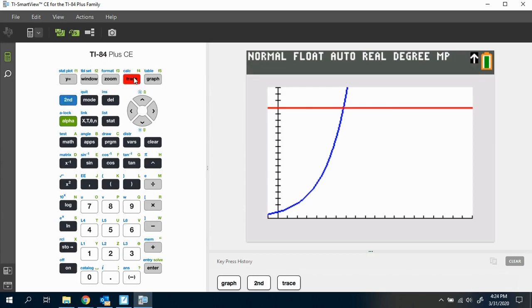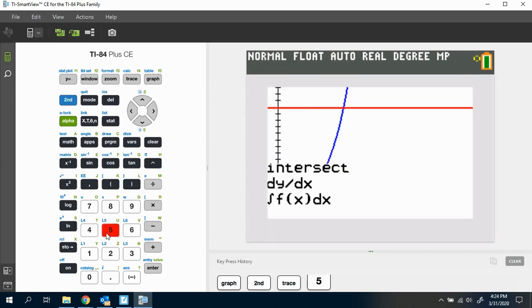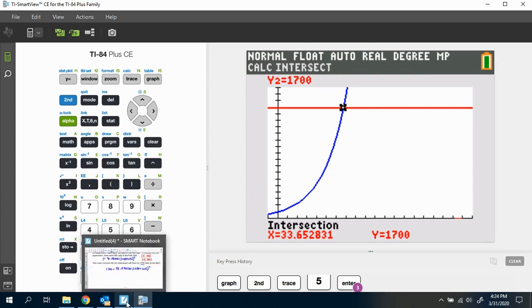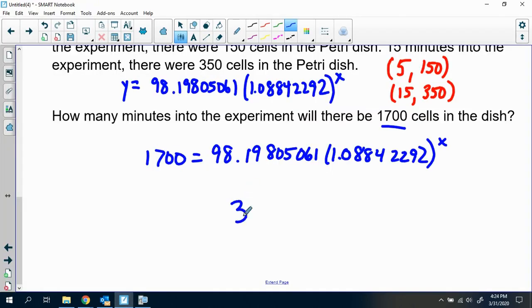And then I can second calc, find the intersection, and then just hit enter a couple times, and it'll find the only intersection that there is, which is 33.653. So there's where I can round to 3 decimal places. 33.653 minutes into the experiment, there are 1,700 cells in the dish.